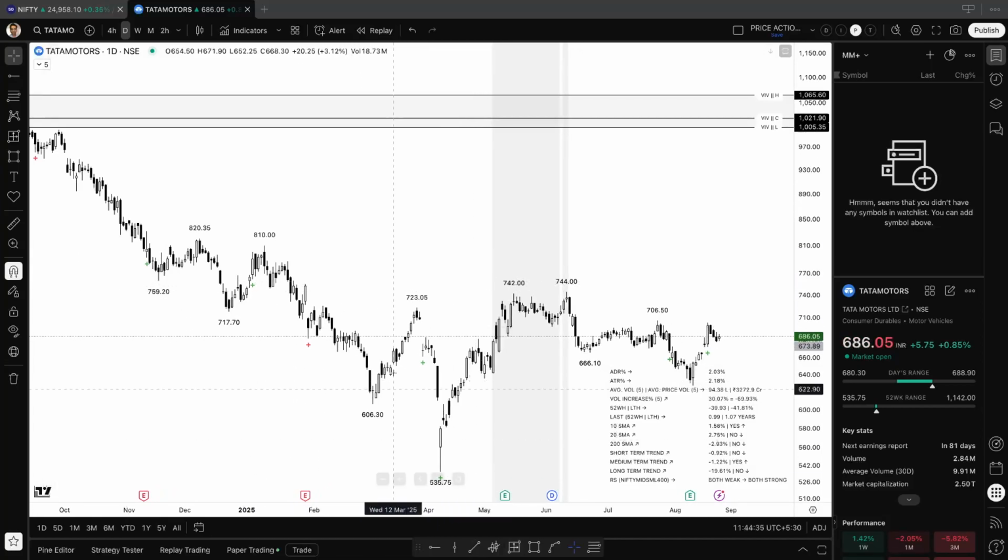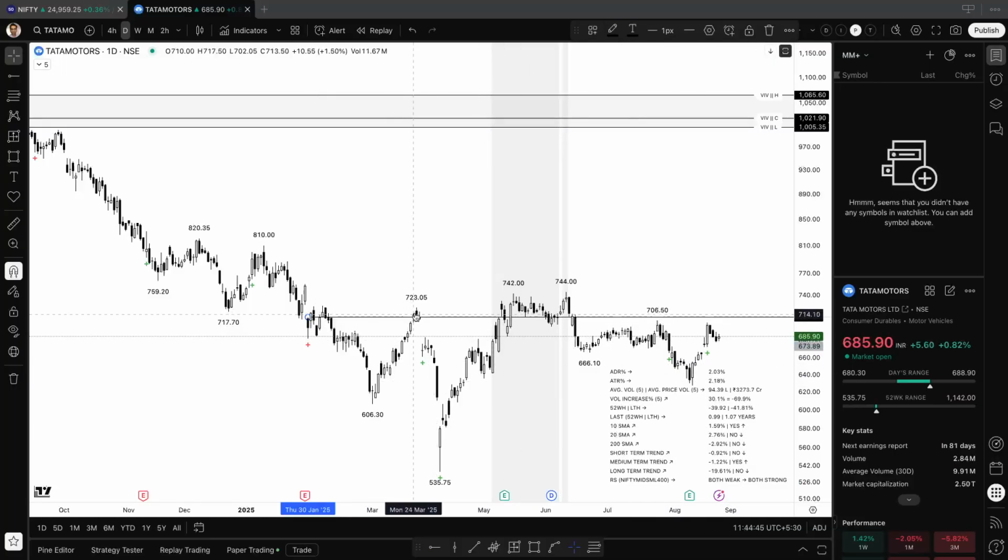Like if you see here, this footprint is telling you some story. If I mark it here, you can see how price is reacting near that level.